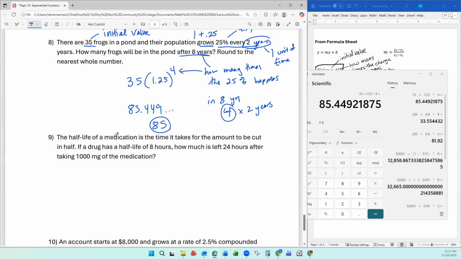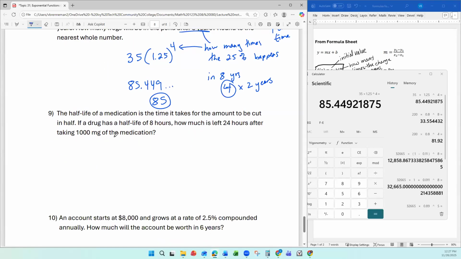Then number 9, the half-life of a medication is the time it takes for the amount to be cut in half. If a drug has a half-life of 8 hours, how much is left 24 hours after taking 1,000 milligrams of the medication? Now you might look at this and figure out, all right, it starts at 1,000 at time 0. After 8 hours, the half-life means it's cut in half. So 8 hours, half of 1,000, 500. Then another 8 hours. So now at 16 hours, it is half again.